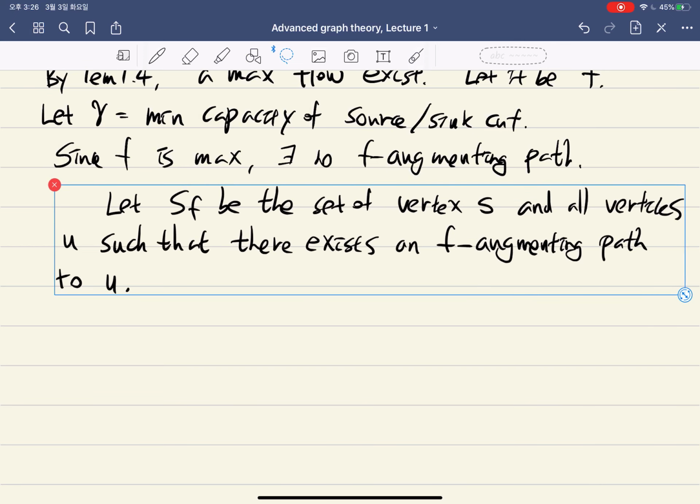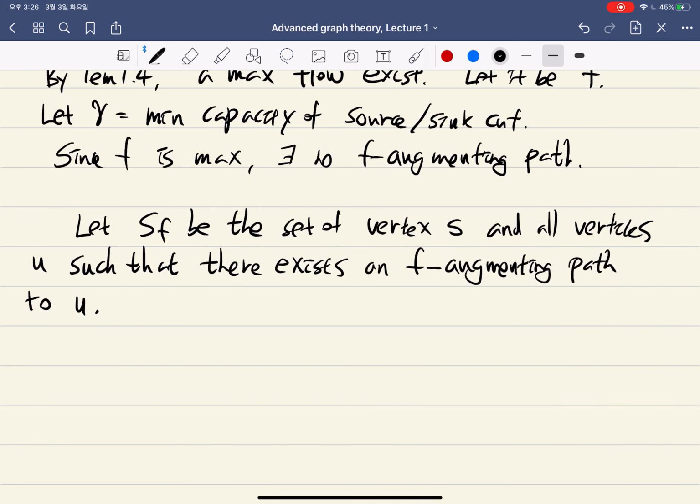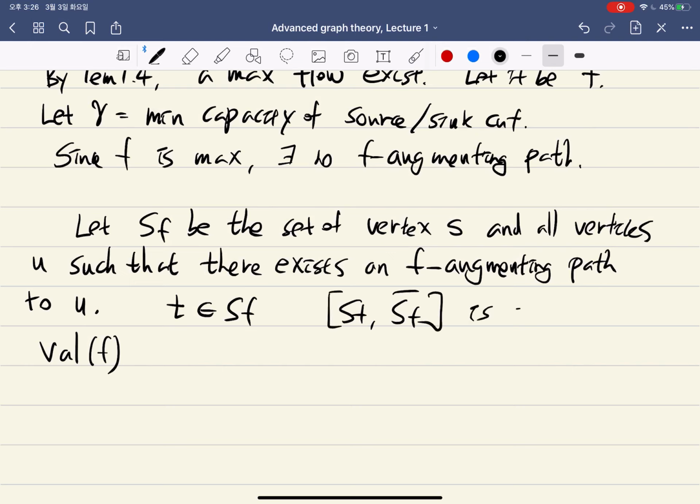We can consider this set S_f. Then in the proof of the previous lemma, we showed that t is not in S_f. So S_f and its complement form a source-sink cut.